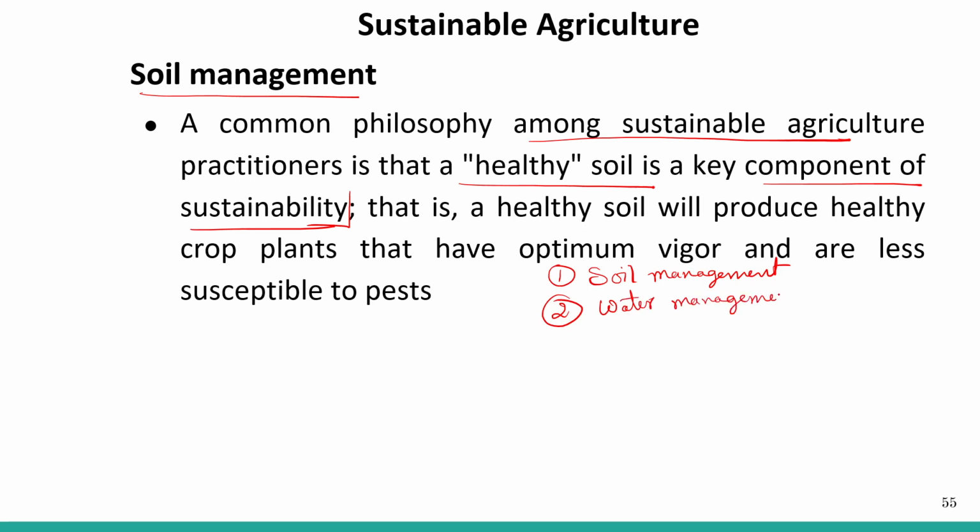These two things a farmer can manage, right? So for sustainable agriculture, what is most important? Healthy soil. Healthy soil will produce healthy crop plants that have optimum vigor and are less susceptible to any type of pest.